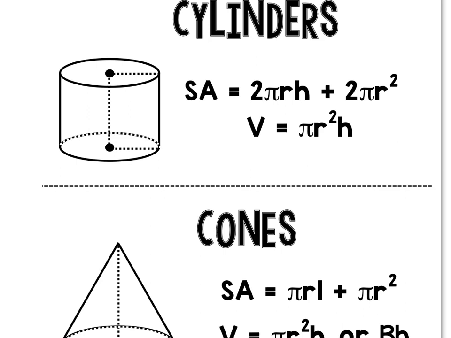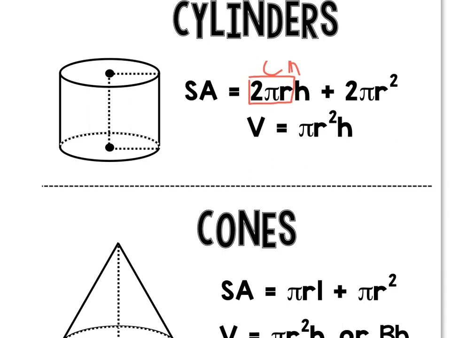For a cylinder, the surface area is 2 pi r h plus 2 pi r squared. That seems like a whole lot, but really in the first part, 2 pi r is my circumference, times my height.